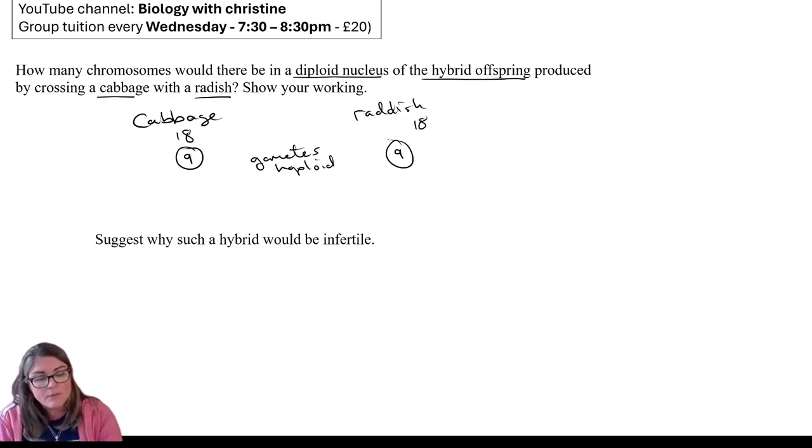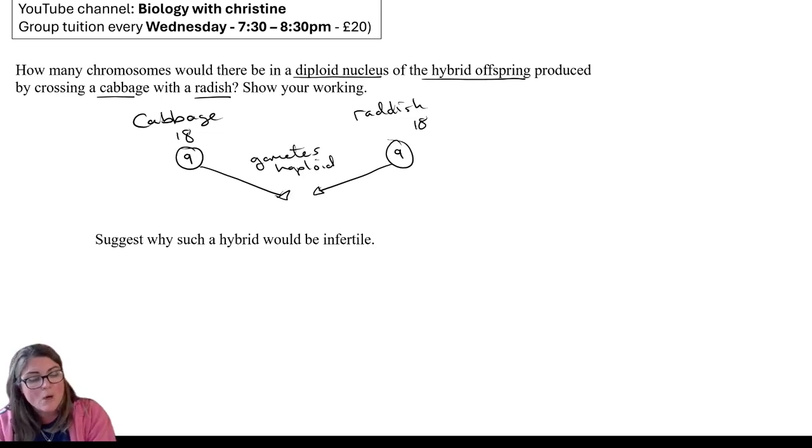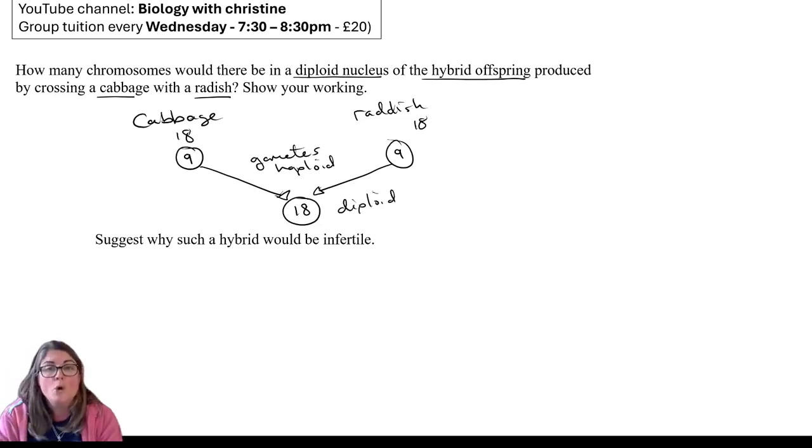So because of that, if they come together through this crossing, we would result in a diploid which also has 18 chromosomes.